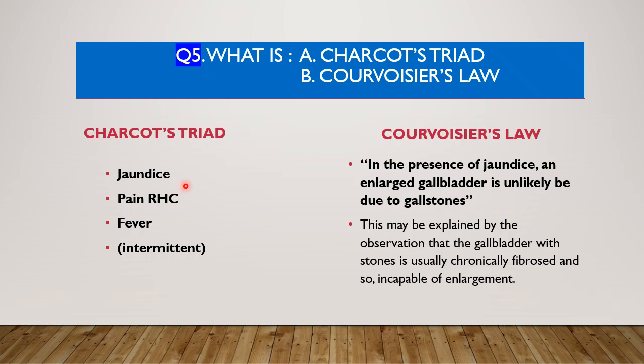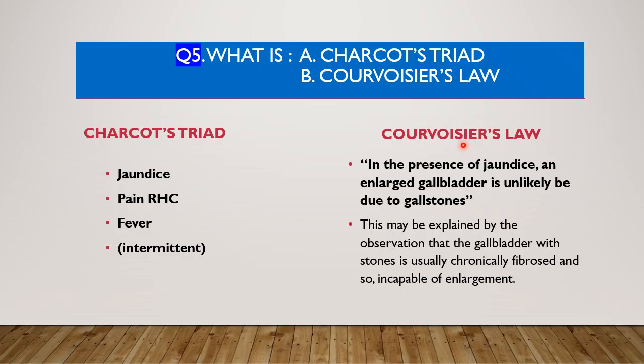Okay, patients with cholangitis may have all these symptoms or may have at least one of these symptoms. And I must emphasize here, these three symptoms are usually intermittent in nature. They come and go, okay, until they develop sepsis.